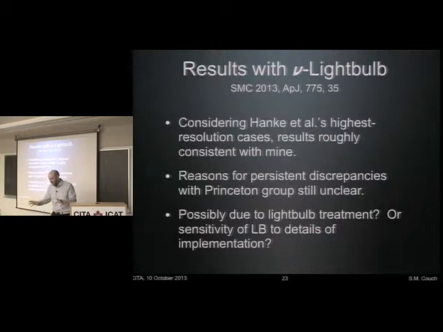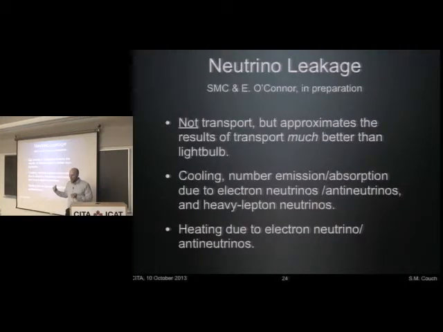So one of the things about this light bulb scheme, which we're already getting into, is that it's highly parameterized. And it left me with a bad taste in my mouth that this could all be a result of this highly parameterized, overly approximate approach to important physics in this problem. So that's why we moved on to leakage. Leakage is not transport, but it approximates real transport a lot better than this light bulb approach.